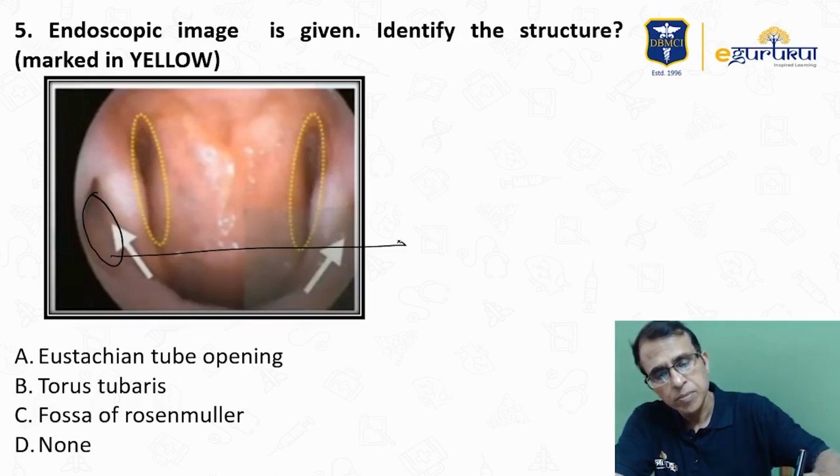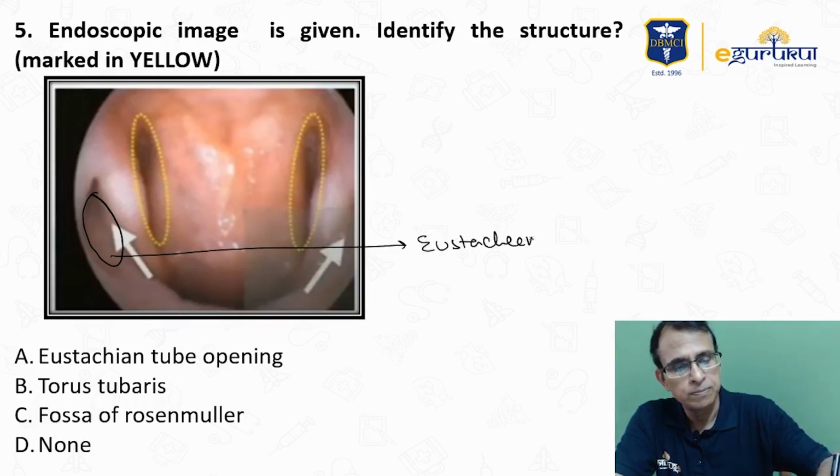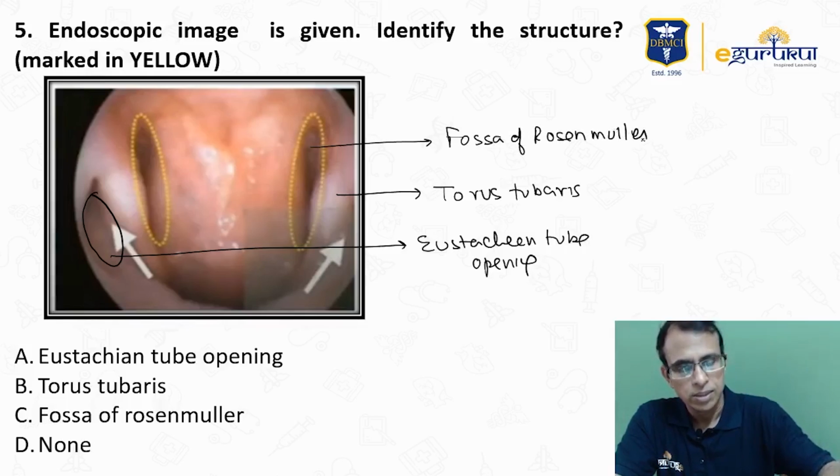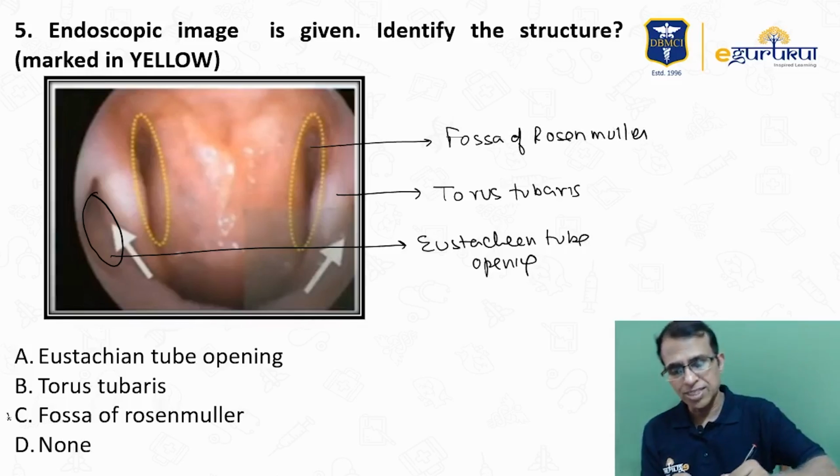This is the eustachian tube opening. Then behind this tube, this bulge is the torus tubaris, and behind this one is the fossa of Rosenmuller. So this is fossa of Rosenmuller, C.